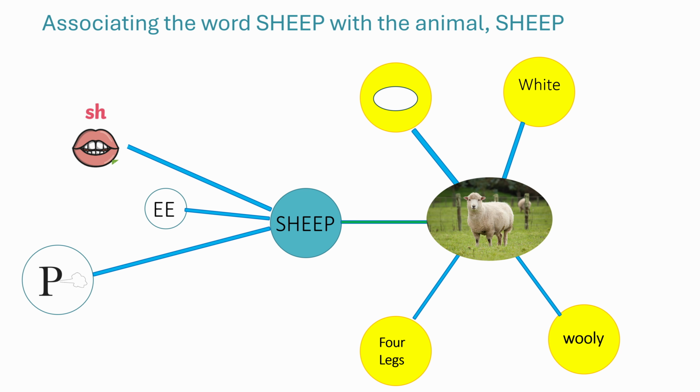To make that link happen and to make it strong, so that every time I hear the word sheep I see the image of a sheep and know all the ideas around it, I actually need to encounter this multiple times to make the pathway between this stored information, the phonic information or sound, and this image and the attributes of a sheep.